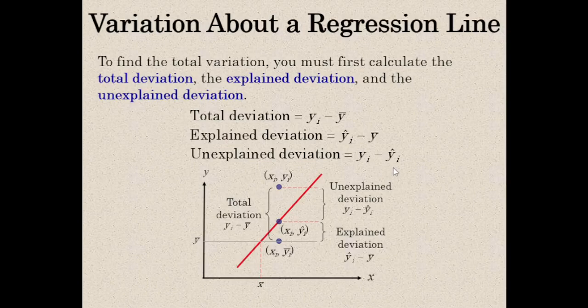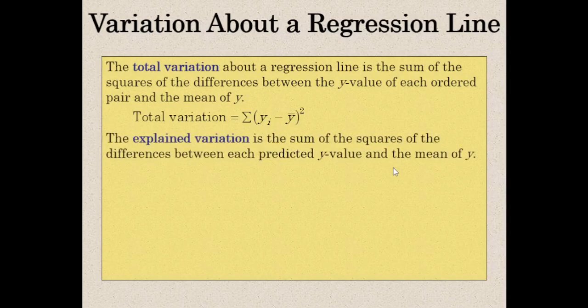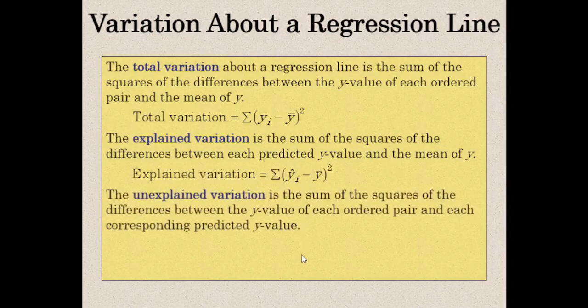Observed value minus predicted value, that is my unexplained deviation. So what important concept do we need to lead to from here? We need to find out the coefficient of determination. Okay, so we can calculate total variation this way. This is the formula for explained variation, and this is the formula for the unexplained variation.